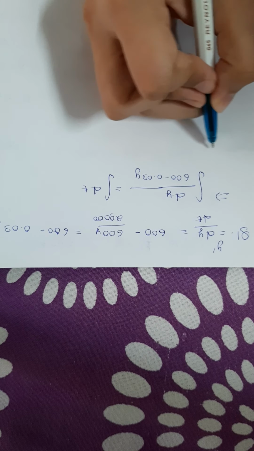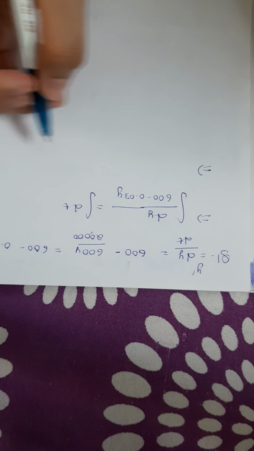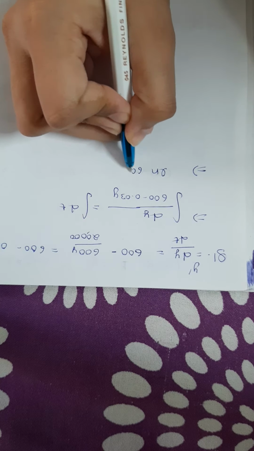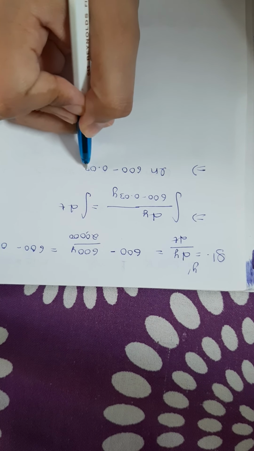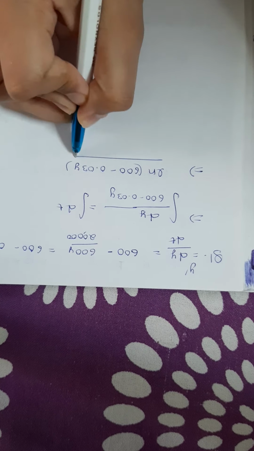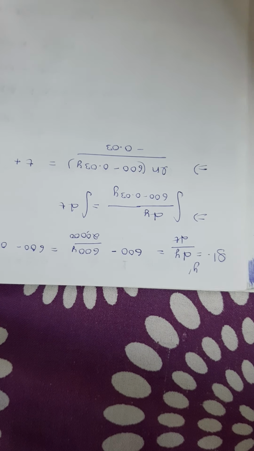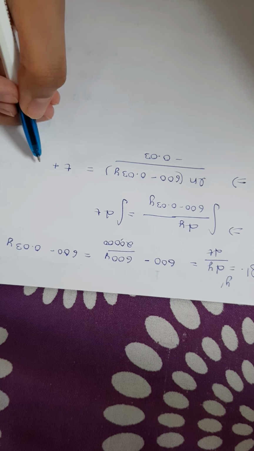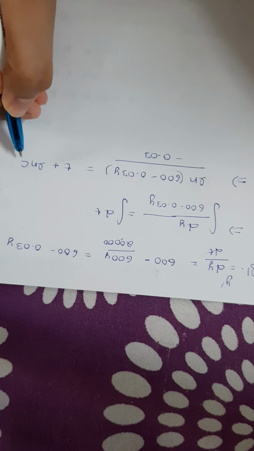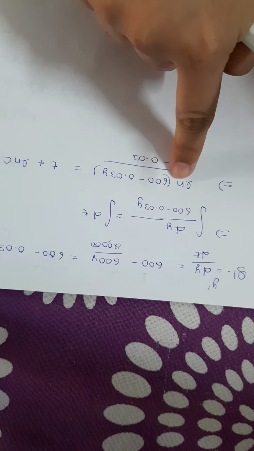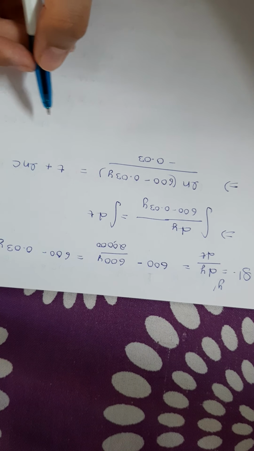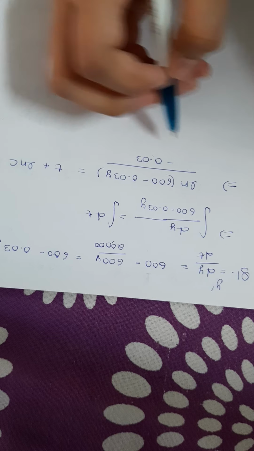You can integrate this. This would give ln (600 minus 0.03y) divided by minus 0.03 is equal to t plus a constant, so we can just make it ln c. It'll help when we're dealing with this ln.